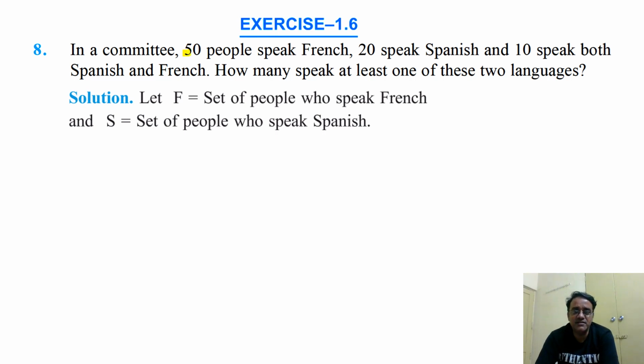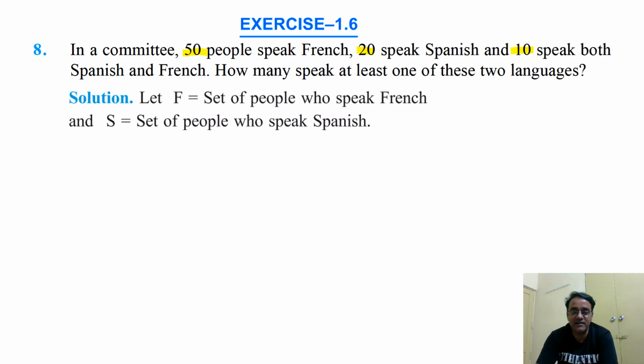In the question it is given N of F is 50 and N of S is 20, and 10 is N of F intersection S, the common one. So here we have to find the union again.